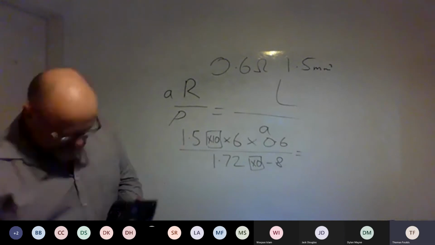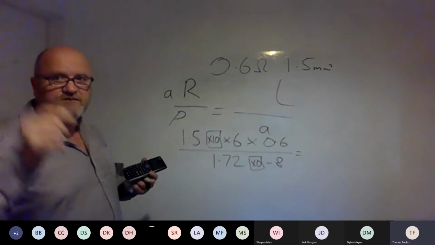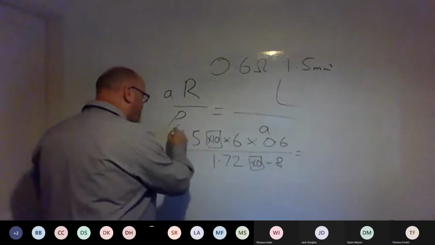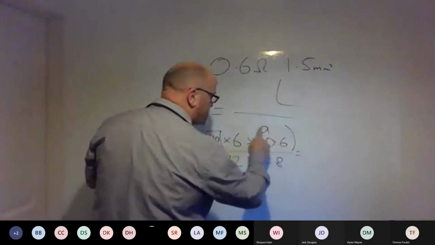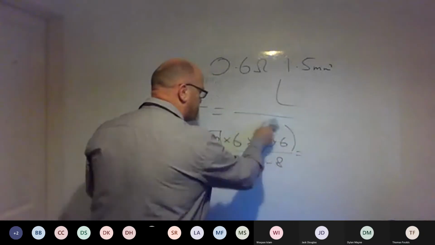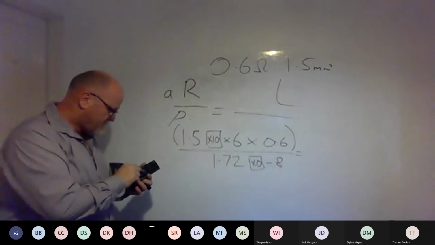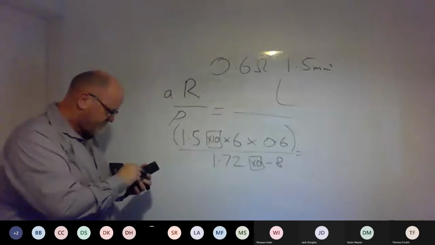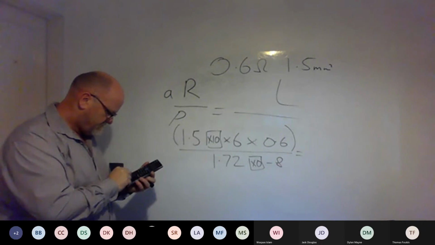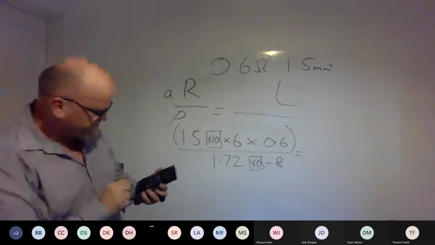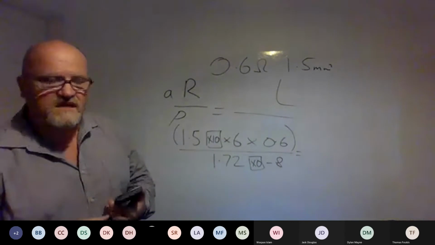No, I just got 52.32. 52.32 is the correct answer because that's what it should be for that type of resistance reading. If you're getting a funny answer, you may have to put the top bit in brackets. So I'll put that in brackets. Mine's coming up 50.2. Yeah, so 52.3 metres. So you've worked out the length.